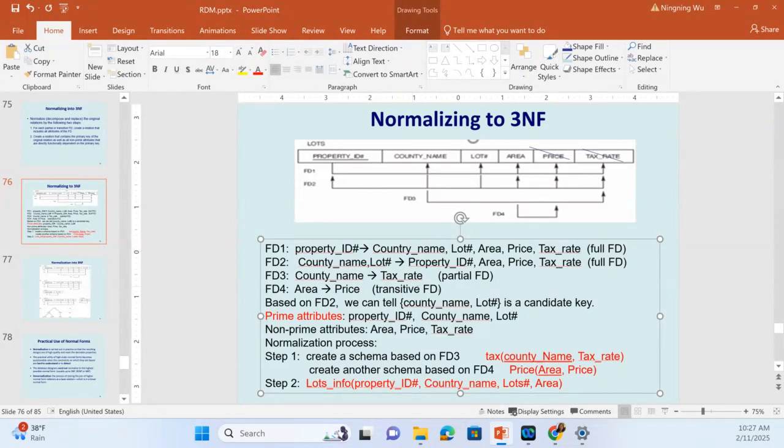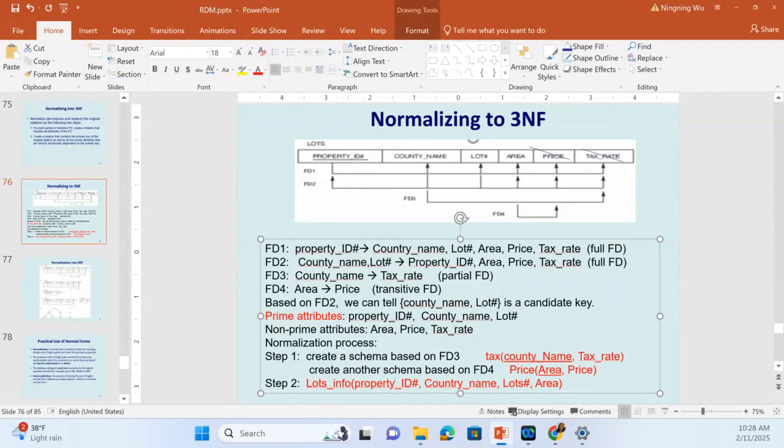Apparently, we have one partial and one transitive. This one partial functional dependency prevents lots from being in 2NF. Because of this partial dependency, lots can only be in 1NF, first normal form. It cannot be in second normal form.